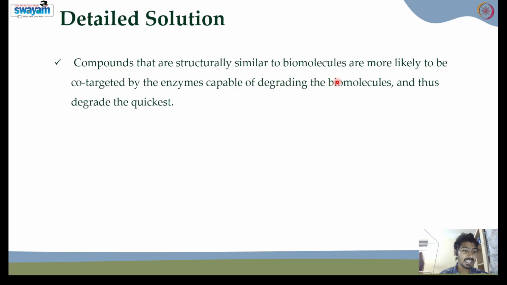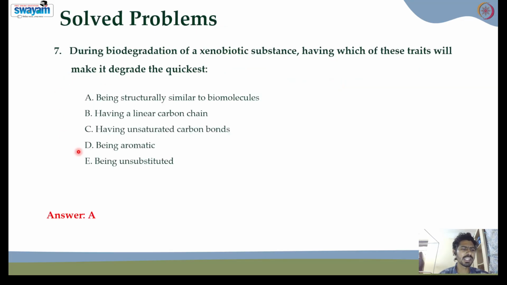So we can easily degrade these compounds if they are similar to the biomolecules. And why not the other options? If they have a linear carbon chain, degrading a linear carbon chain is also easier when compared to a branched structure. But here you have to consider the overall structure. If it is very similar to the biomolecules, it will be easier than the linear carbon chain.